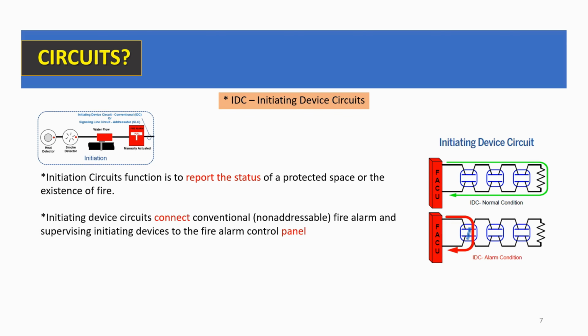And the second point: these initiating device circuits connect conventional fire alarm and supervising initiating devices to the fire alarm control panel, which has been discussed in our earlier slide. The signal from an initiating device can create an alarm condition or a supervisory condition.